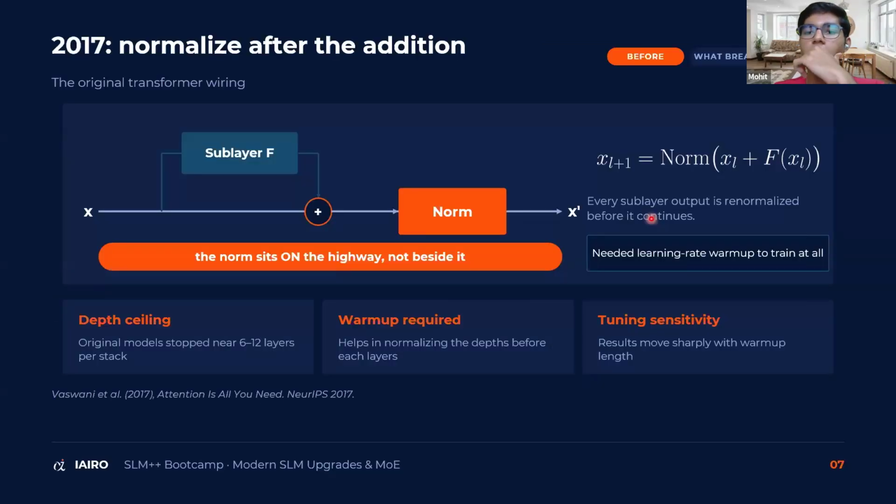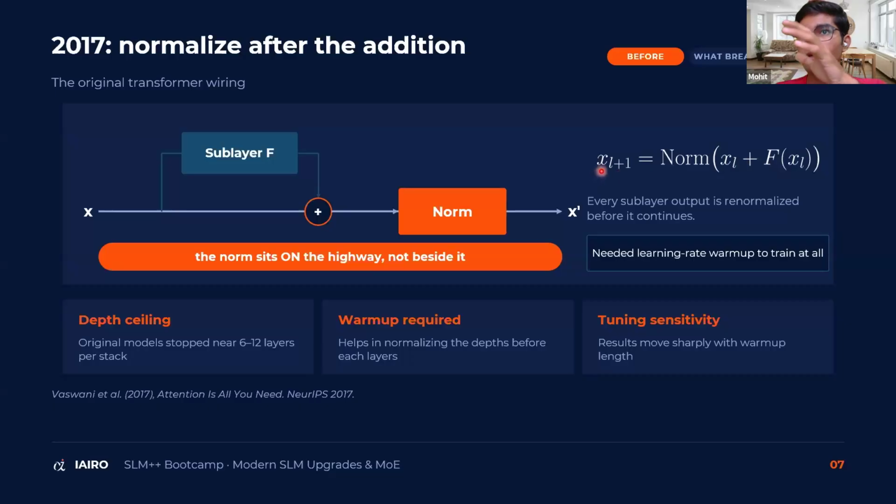Let's get into the details of it. So yeah, let's discuss what it looks like. That is the post normalization layer which the original paper proposed. We used to take the existing embedding, that is XL, along with the feed forward networks, that is the sublayer, right?